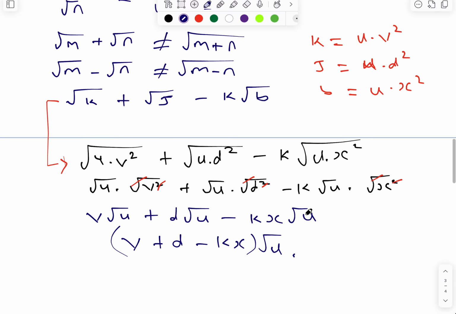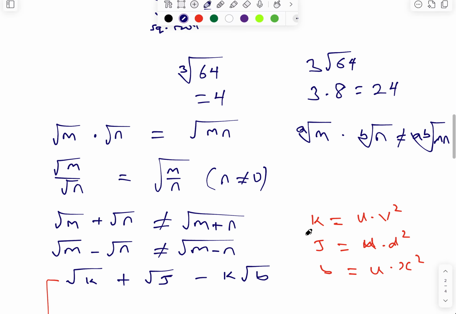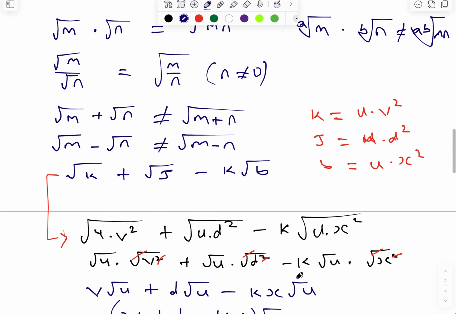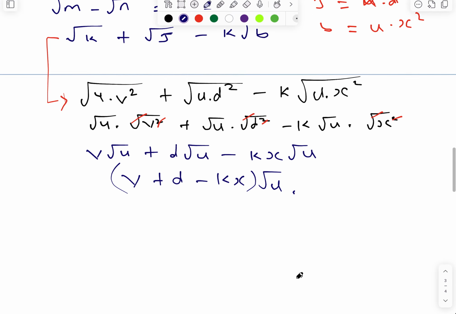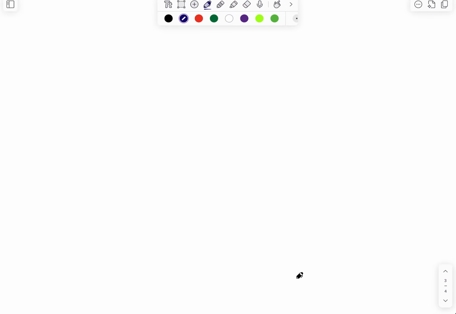Now, for multiplication and addition of surd, and subtraction, I've been able to explain how they go. Now, but there's something about division. There's something about division of surd that is very, very important.